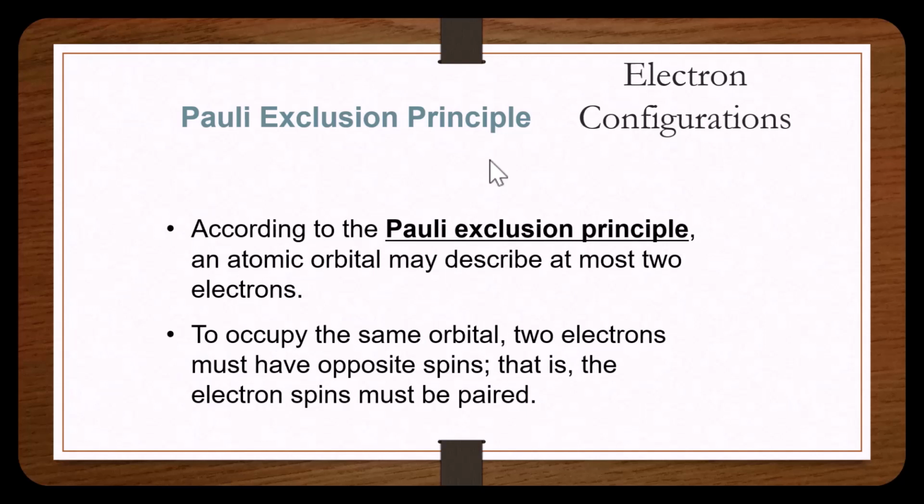To occupy the same orbital, 2 electrons must have opposite spins. That is, the electron spins must be paired. What that means is, when we have the orbital 1s, the electrons must have opposite spins, and we do that by having kind of like half arrows, where one is pointing down and one is pointing up.